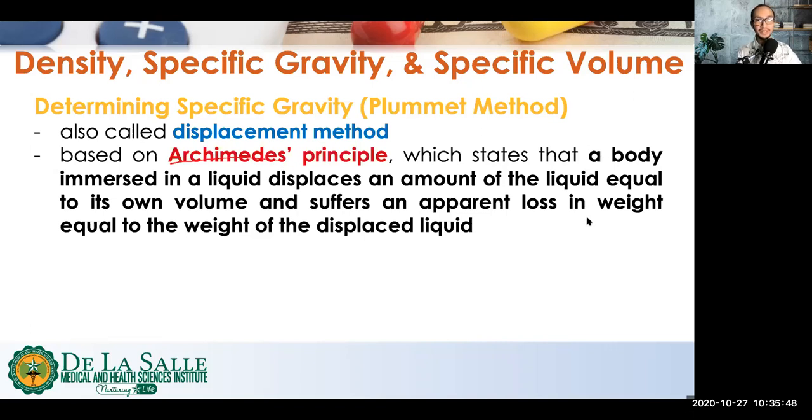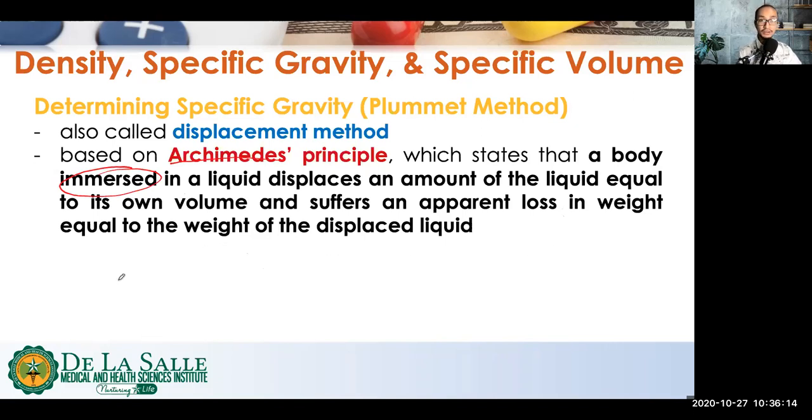And so, what is this displacement method? It is based on the Archimedes principle or the law of buoyancy, which states that a body immersed in a liquid, and so take note of this word, immersed in a liquid, displaces an amount of the liquid equal to its own volume and suffers an apparent loss in weight equal to the weight of the displaced liquid.